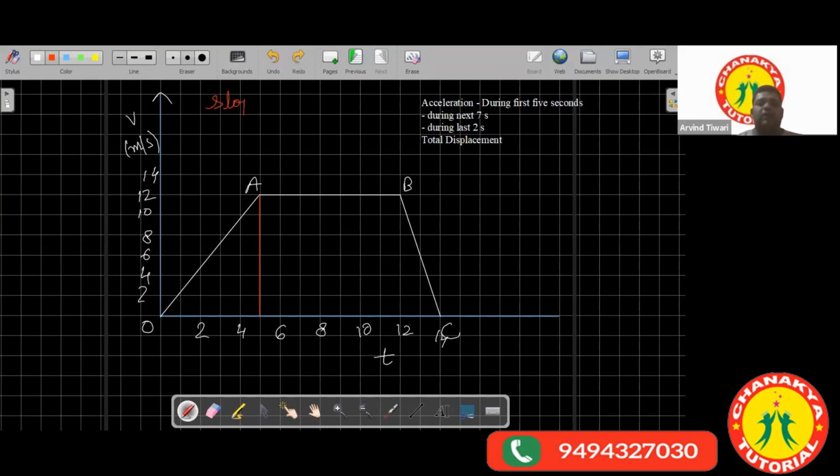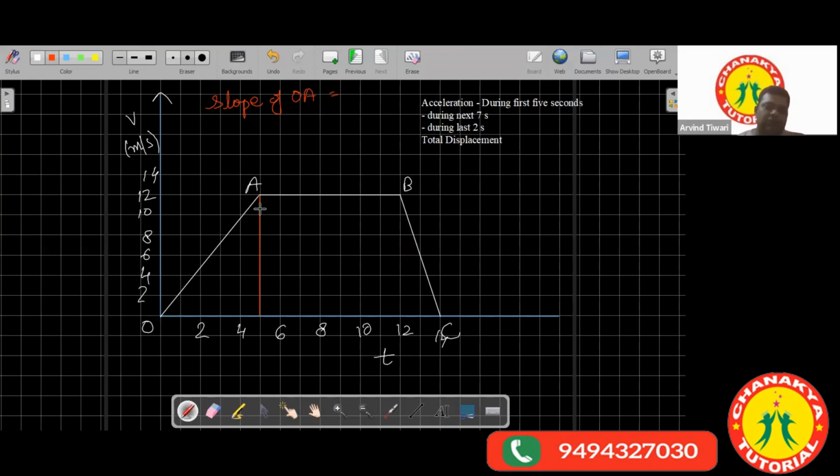Here I want to find out the slope of OA. The slope will be y2 minus y1 over x2 minus x1, or I can do final velocity minus initial velocity.